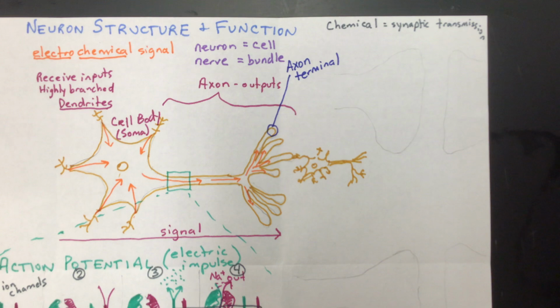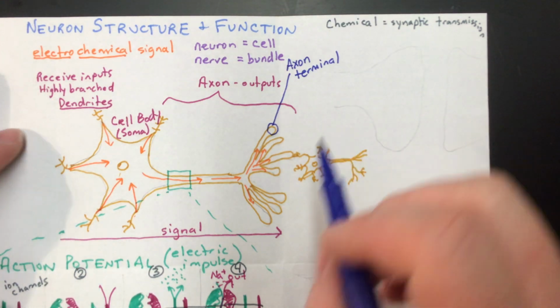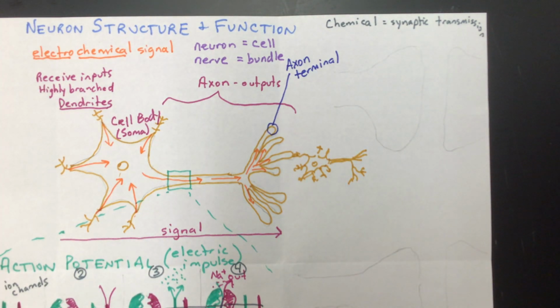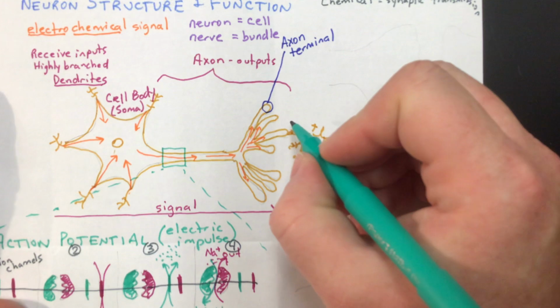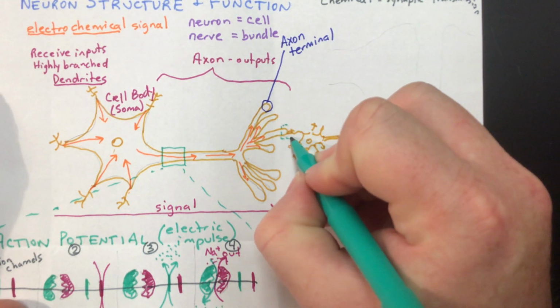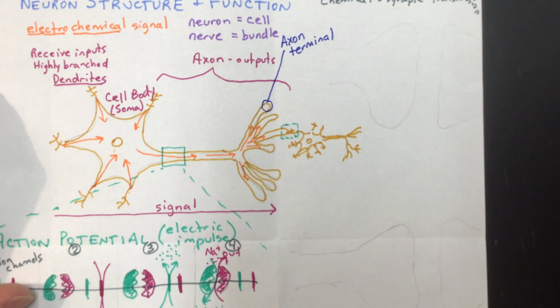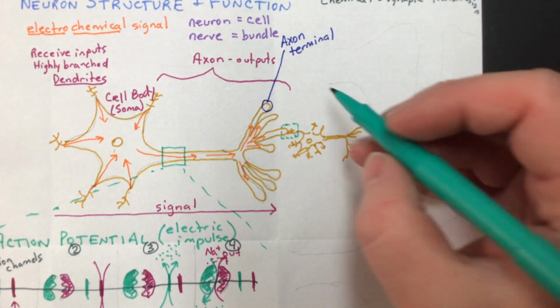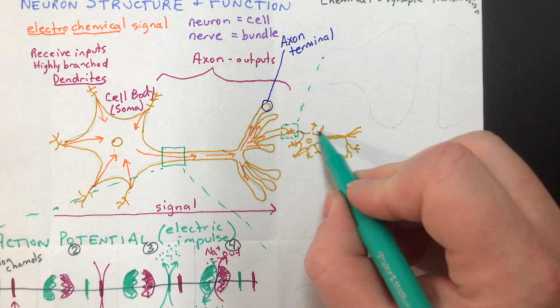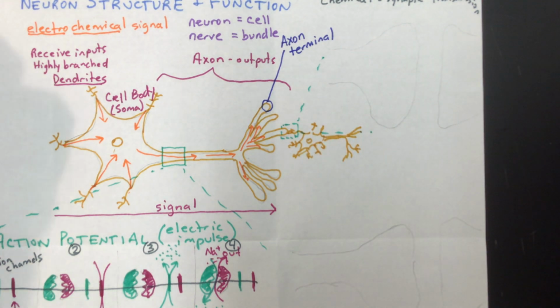And synaptic transmission happens at something called a synapse. So let's draw a synapse. What exactly are we drawing? Well, we're zooming in on this area, the area between the axon of one neuron and the dendrite of another.